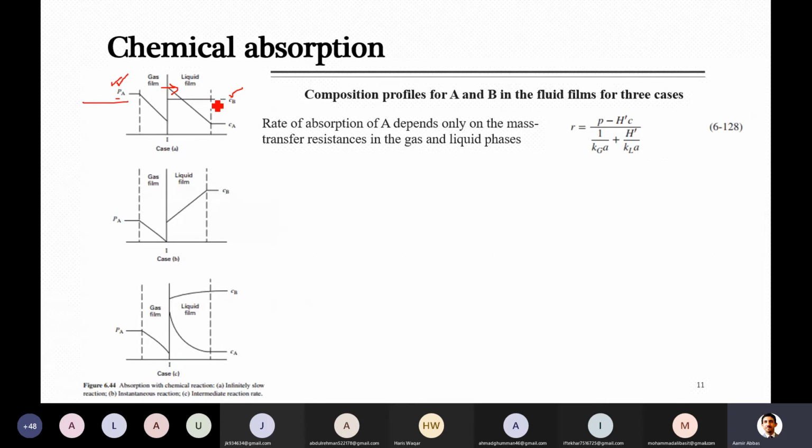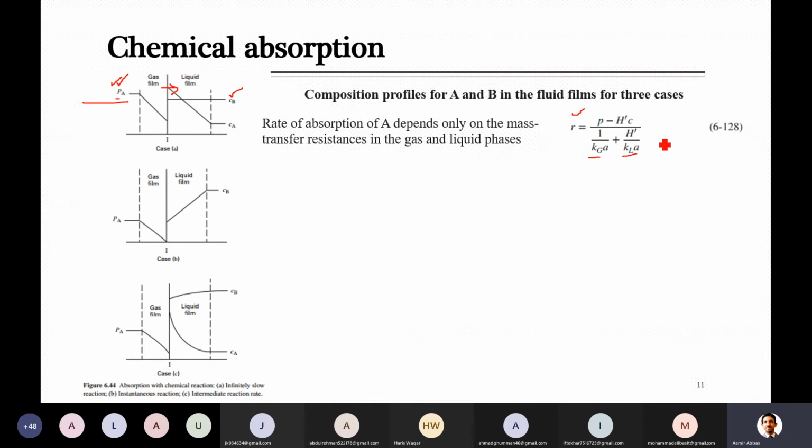So for these systems, the equations are already provided to you in the final form. You use this equation for a slow reaction system, and the major resistances contributing are the liquid and gaseous resistances.